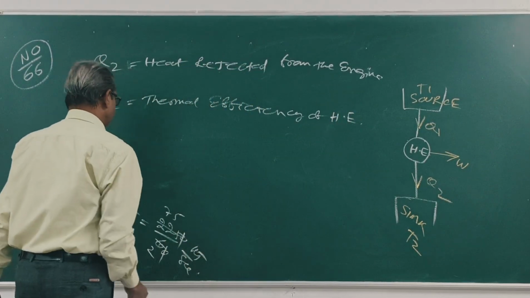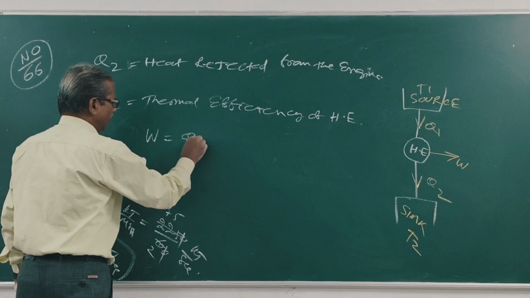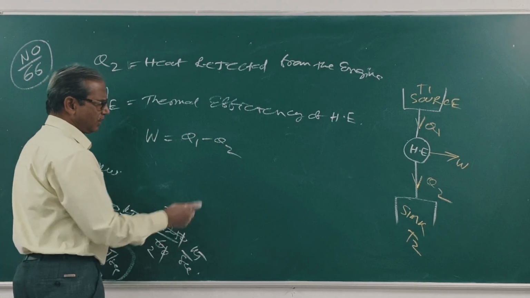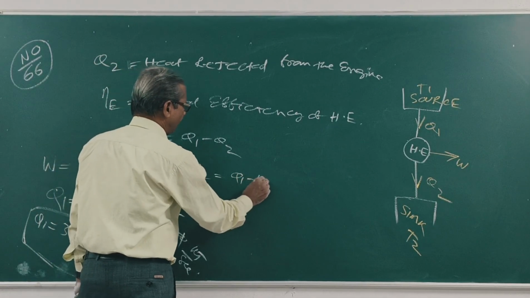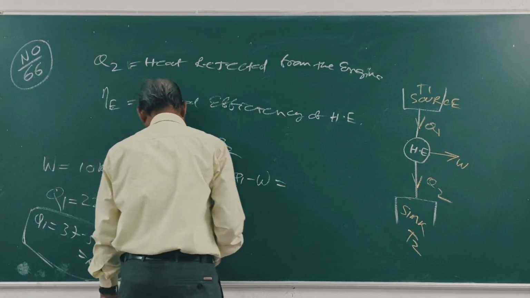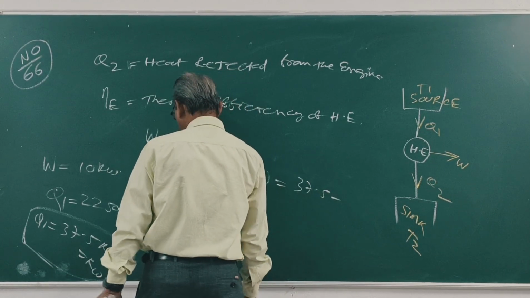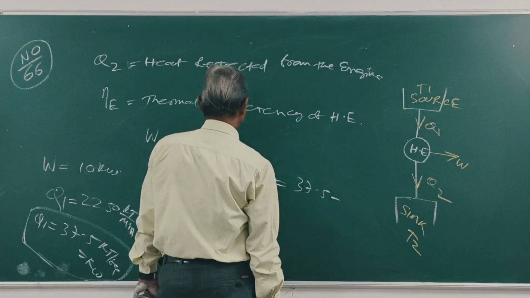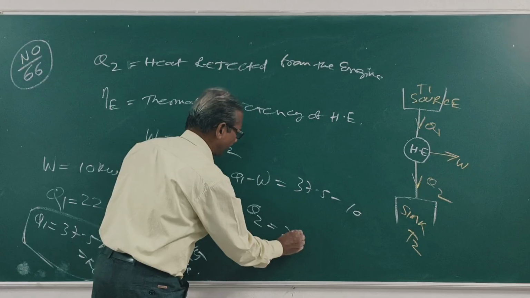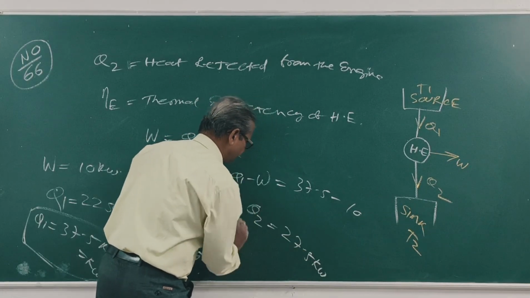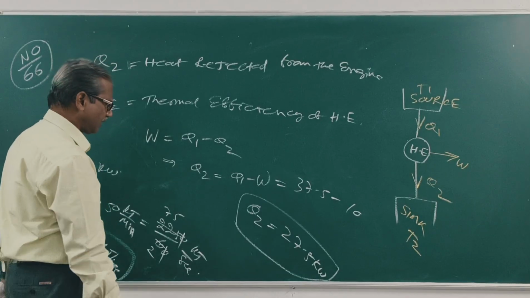Now, W is equal to Q1 minus Q2. This implies Q2 is equal to Q1 minus W. Q1 is 37.5, W is 10. Q2 is equal to 27.5 kilowatt. This is Q2, the answer.